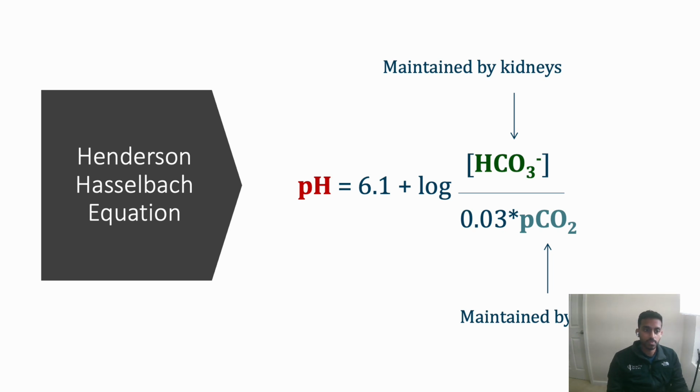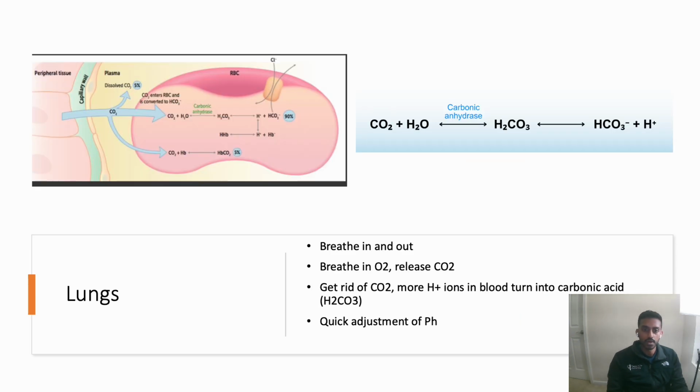Your lungs breathe in and out, so you inspire oxygen and expire CO2. This equation here is called the bicarbonate buffer in the blood. Basically, H plus ions plus bicarbonate is equal to carbonic acid, and that can transform into CO2 and H2O. This is an equilibrium reaction, so it can go both ways.